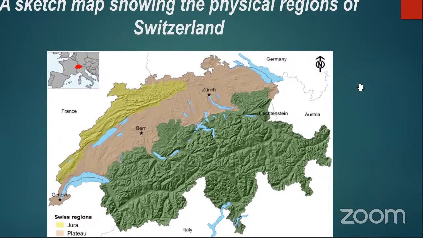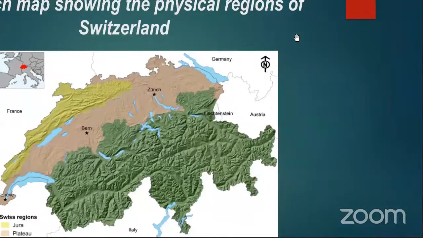These are the three physical regions we have talked about that make up Switzerland. One of these regions, I want us to look at, is the Swiss Jura. This is the part that is covered with which color?